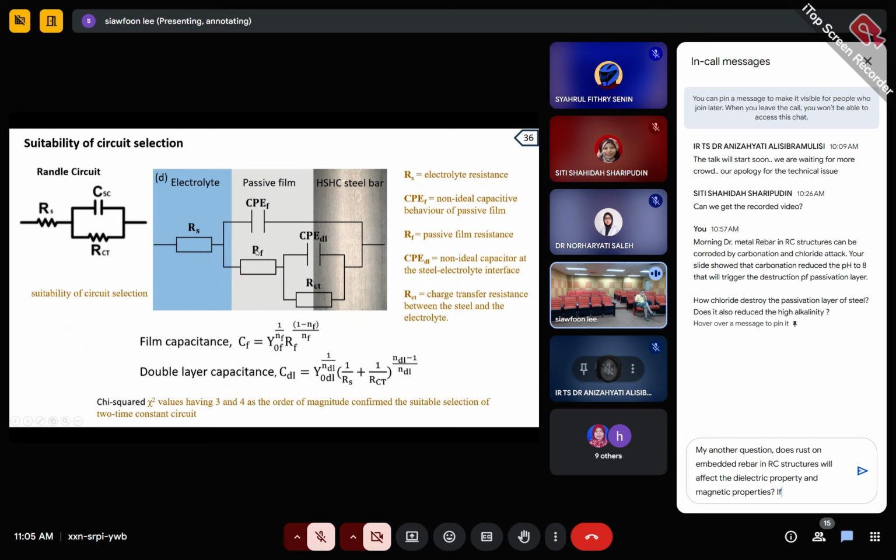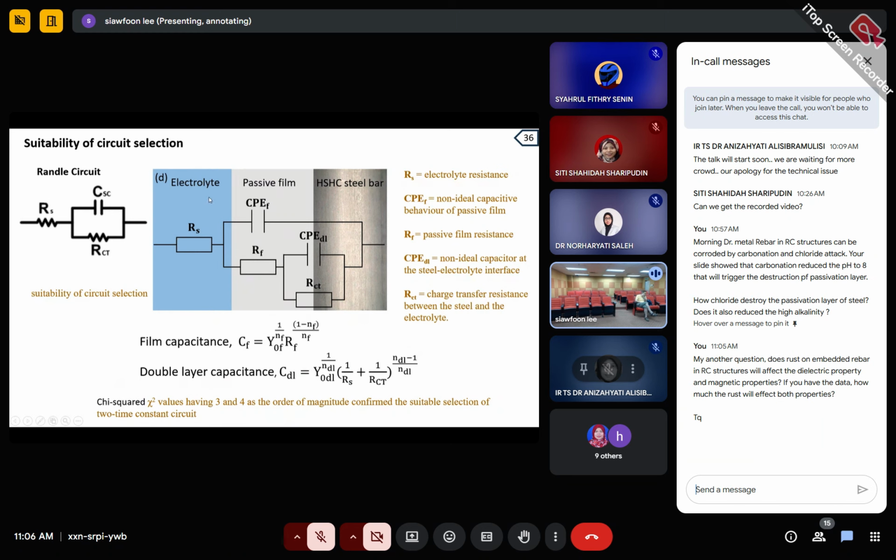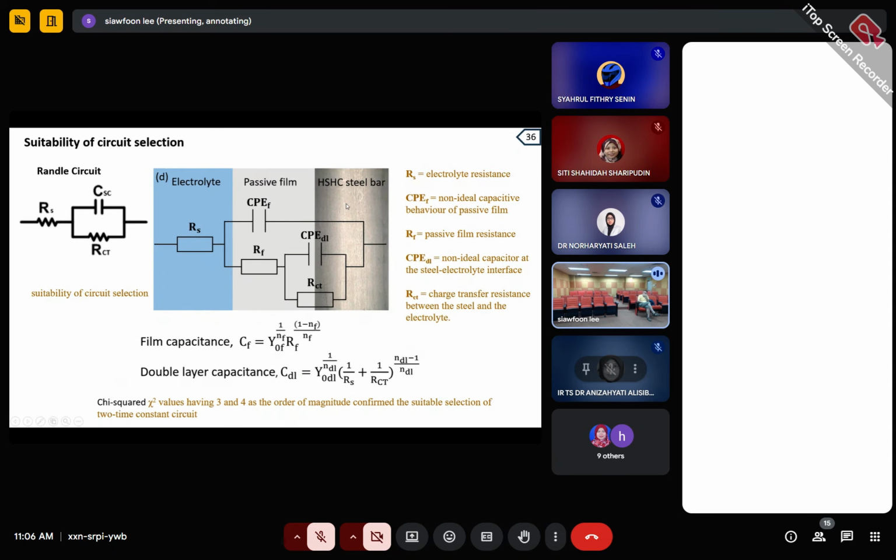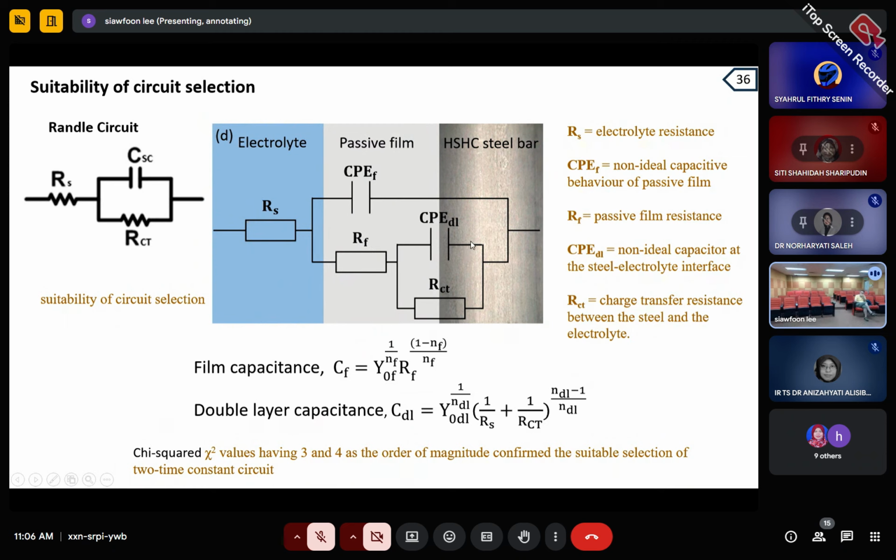If you have a very high resistance of the passive film, it means you have a very good passive film, which means the steel will not dissolve easily. However, if this RF value is very low, it means the ions can pass through this passive film, and then the chloride ions will go in and corrode the steel bar easily.